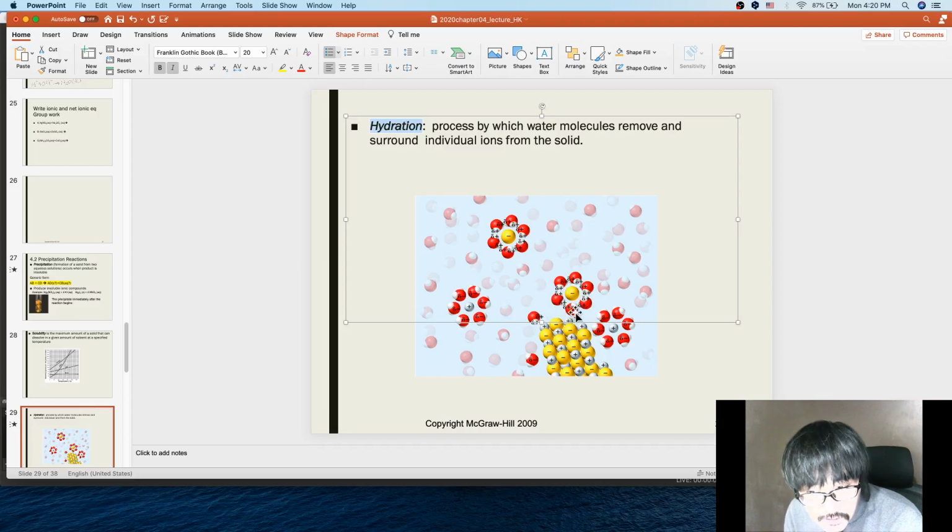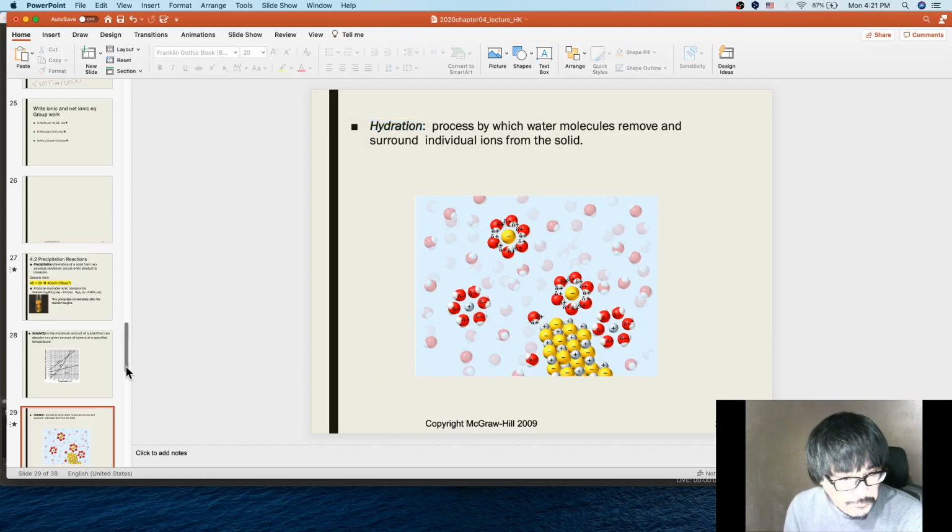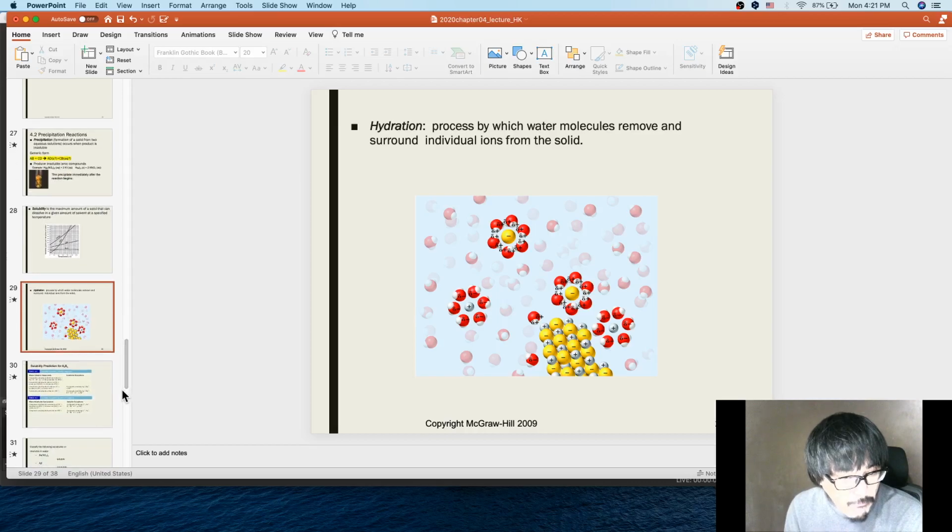When it dissolves, it creates cage-like structures. The negative ion is caged by the positive side of the water molecules, and the positive ions are surrounded by the negative side of the water molecules. Those are called hydrations. Hydration literally means that you have some charged particle that's surrounded by water molecules. And that's usually what happens.